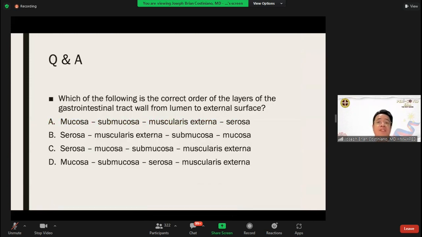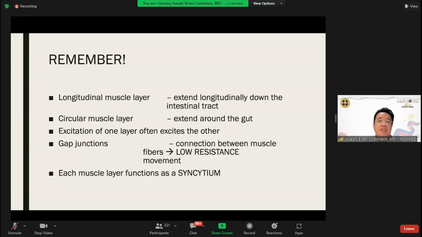So which of the following is the correct order of the layers of the GIT wall from lumen to external surface? It is your mucosa, submucosa, muscularis externa, and your serosa. Because from the lumen, the one that comes into contact first with the food is your mucosa. Next to that, submucosa, then muscularis externa, then serosa.